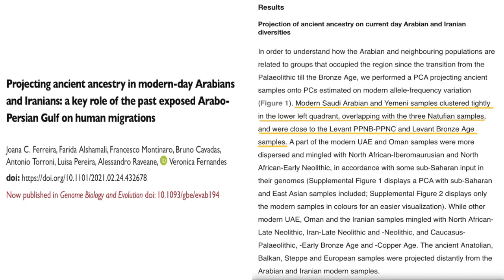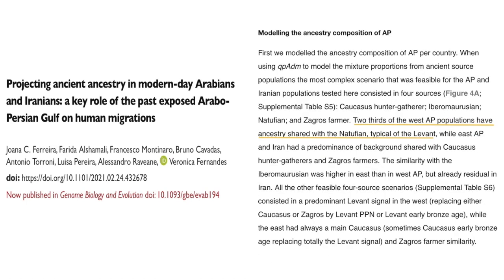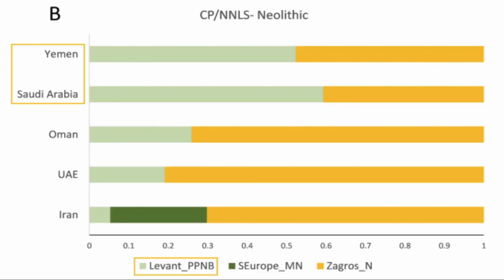So modern-day Saudi Arabians and Yemenis are very close to Natufians and Neolithic Levantines. 2/3 of the West Arab-Persian population have ancestry shared with the Natufian, typical of the Levant. And here is a chart showing you when it comes to Levant PPNB, Pre-Pottery Neolithic B, who has this genetic fusion in them, and it is Yemen and Saudi Arabia who have the most.